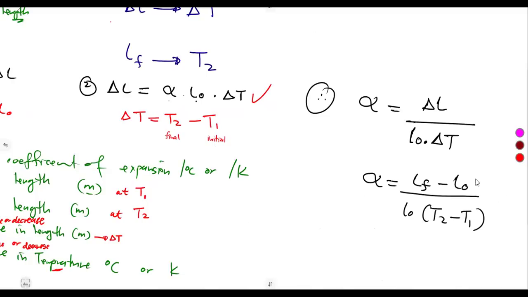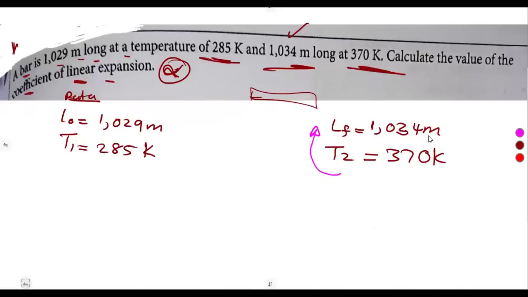Remember the change in temperature. This can be used, guys. Change the subject. Be able to do that. Manipulate the formula the way you understand. So that's it. All right.